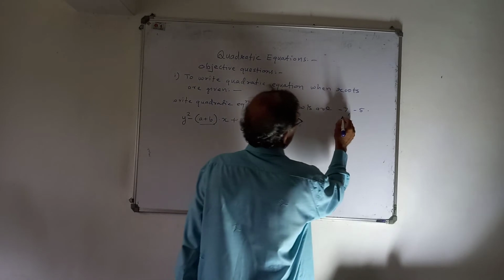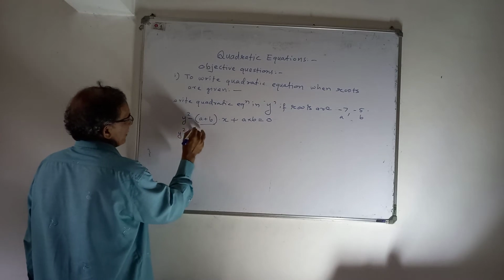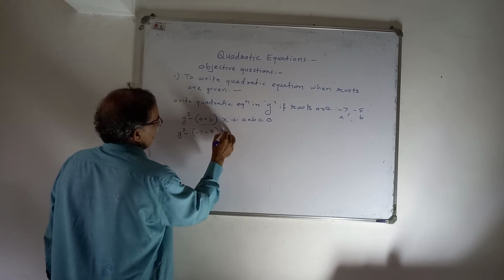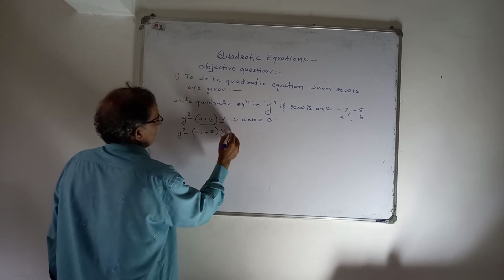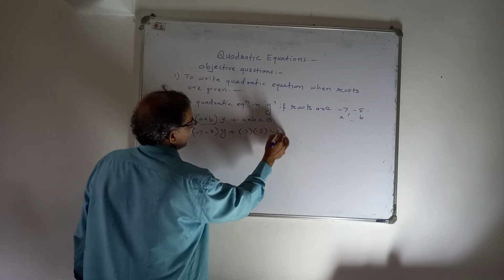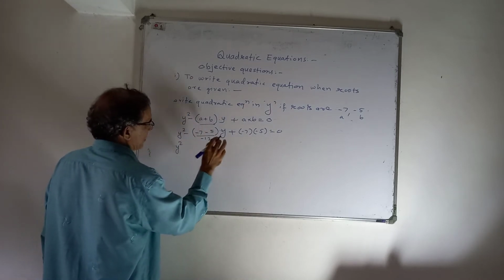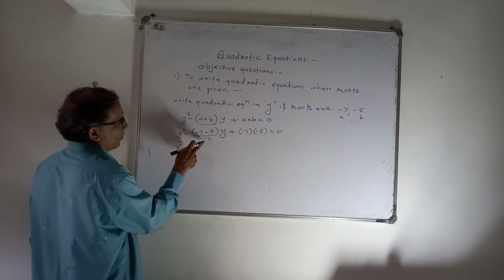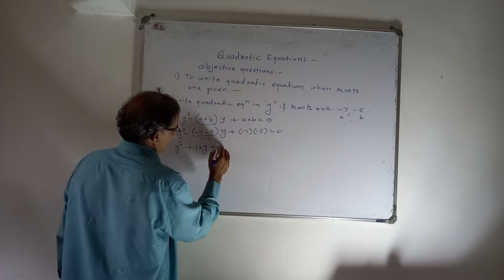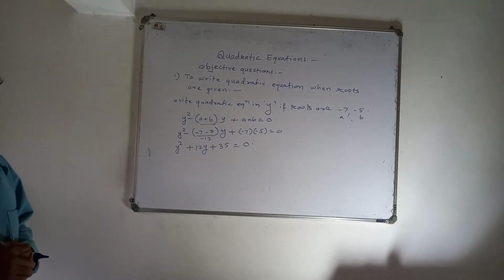Now one root is a, second root is b. Okay. So it is y square minus (minus 7 minus 5) into y plus a into b means minus 7 into minus 5 is equal to 0. So now y square, minus 7 minus 5 it is minus 12. Minus 12 into this minus sign, so plus 12y, and plus minus 7 into minus 5, 35, is equal to 0. So this is the quadratic equation.